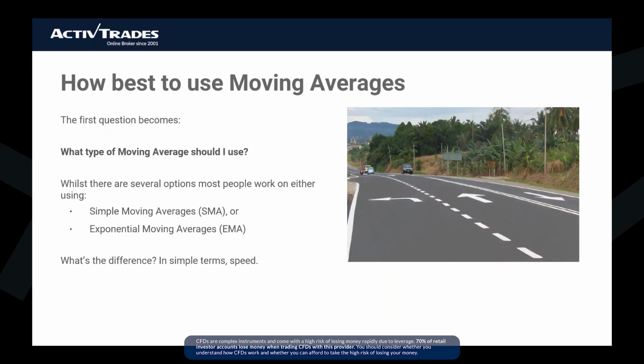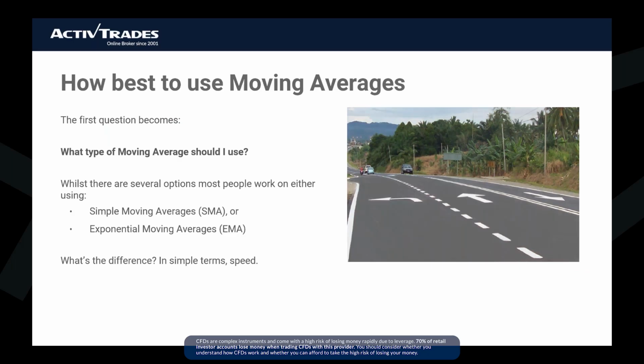So, of course, one of the questions we also want to talk about is, what type of moving average should I use? Not all moving averages are the same, and we now have a veritable smorgasbord of different types of moving averages that you can use, and there are many options you will find across all sorts of trading platforms.